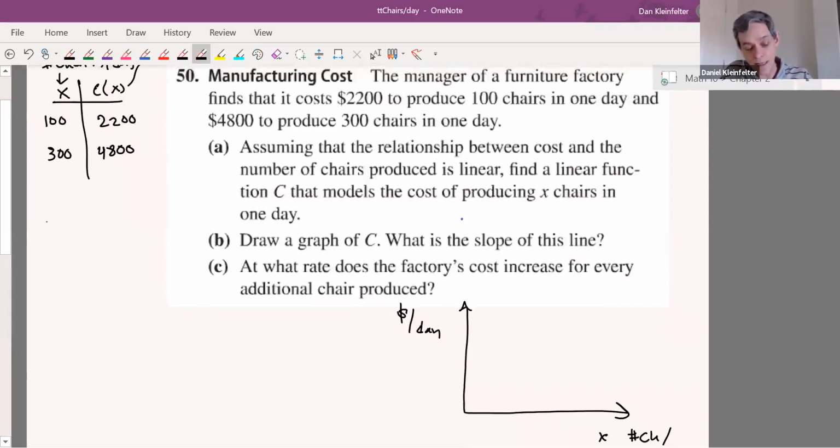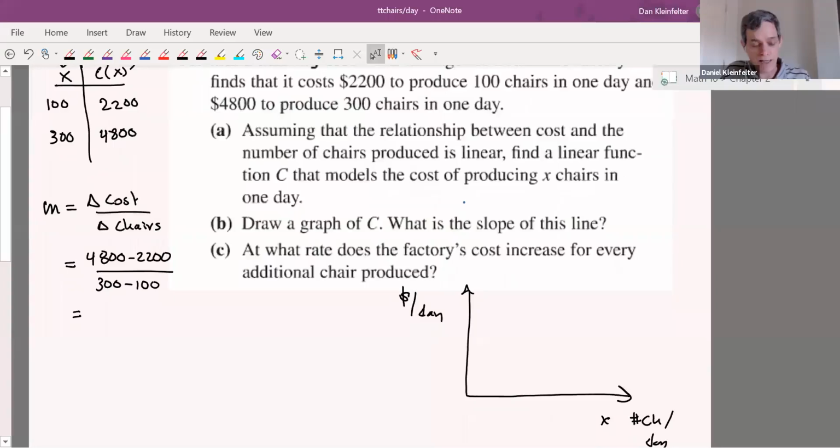So I'm going to calculate the slope, but I need to not mess it up. So we'll have the change in the cost divided by the change in the number of chairs. I need to make sure to put the right one on top. So the change in cost will be 4,800 minus 2,200 divided by 300 minus 100.